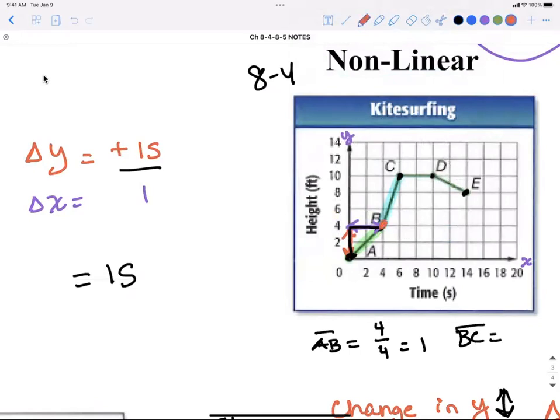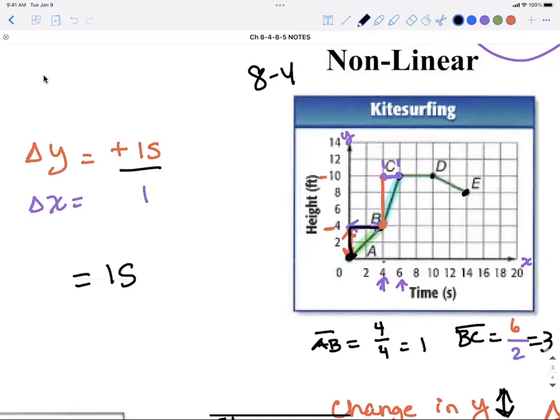So from here to here, what's that rise? Well, that's from 4 to 10, which is a rise of 6. And then if we want to know the run, we go from here to here, which is from 4 to 6, if you can see it down here. This little section right here was from 4 to 6, which is a run of 2. And so that would reduce to 3.